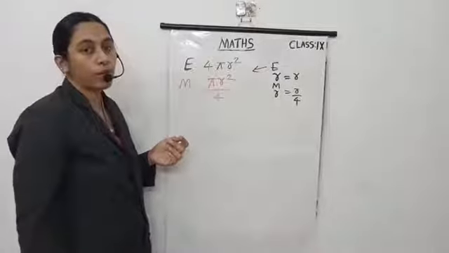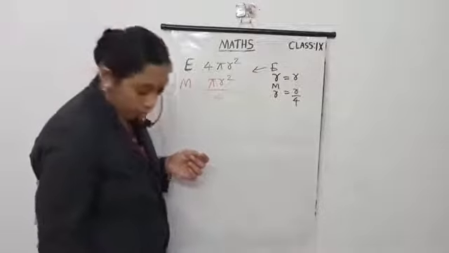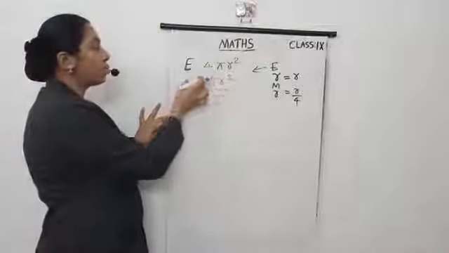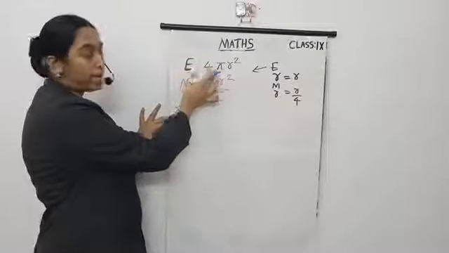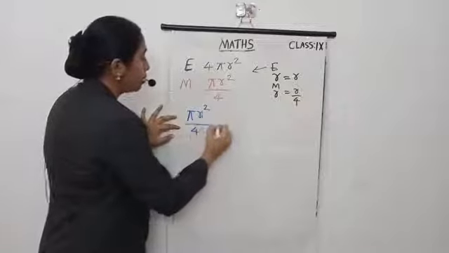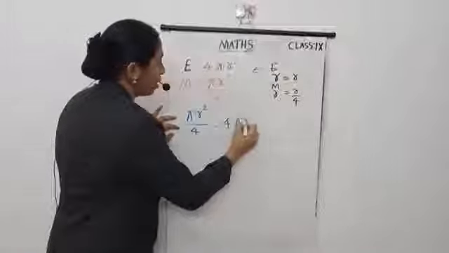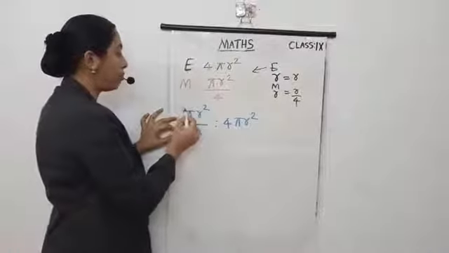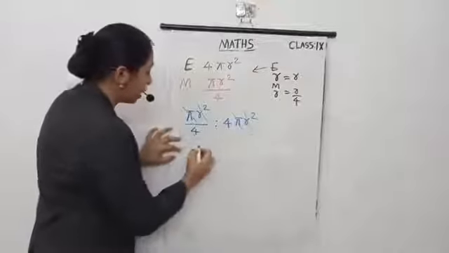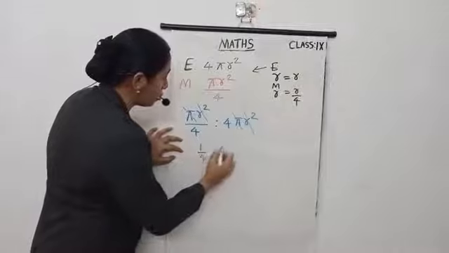Now we need to find its ratio. So the surface area of the moon is to the surface area of the earth. That is, pi r square by 4 is to 4 pi r square. Now we can cancel pi and pi, r square and r square. Now we get 1 by 4 is to 4.